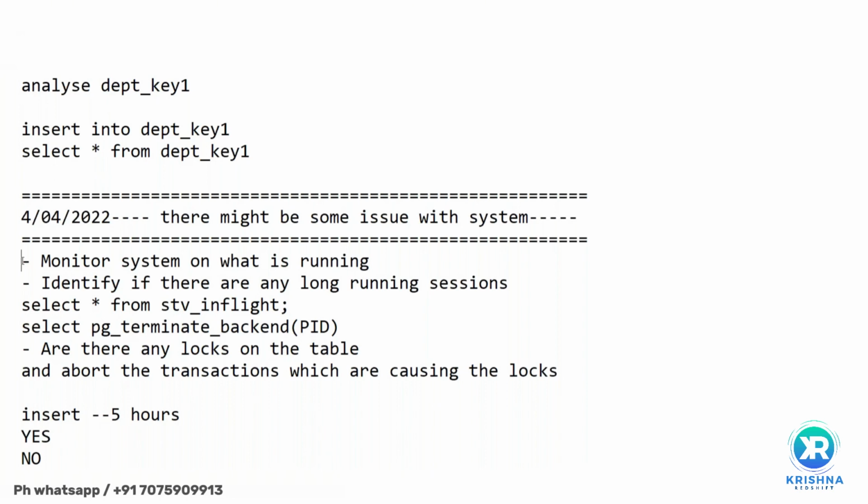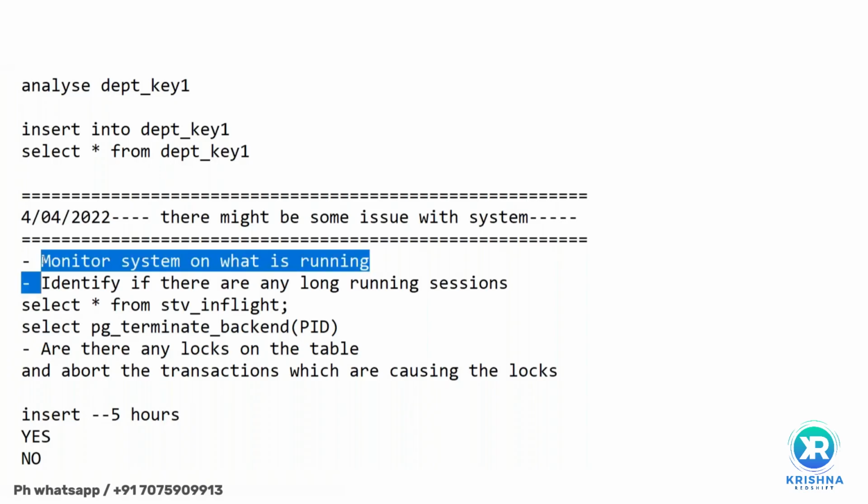Here the issue is only one particular job. Because you are monitoring the jobs, you know which jobs are completed, which are yet to complete, or which are running. If something is not completed, you will be able to identify that. So monitoring is the first point.